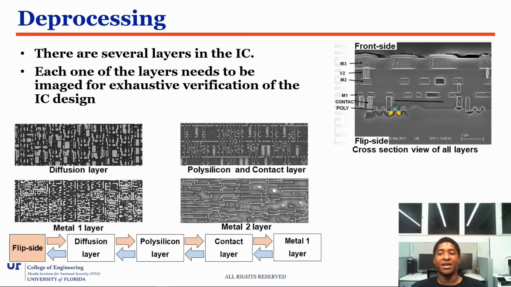Deprocessing itself has to delve into several layers of the IC. Every one of these layers has to be exhaustively imaged during the process. Starting from the front side, which is the top of the IC, we go to the diffusion layer.